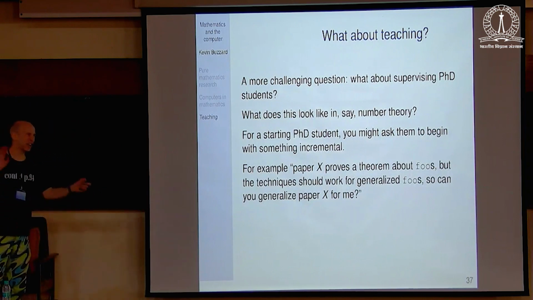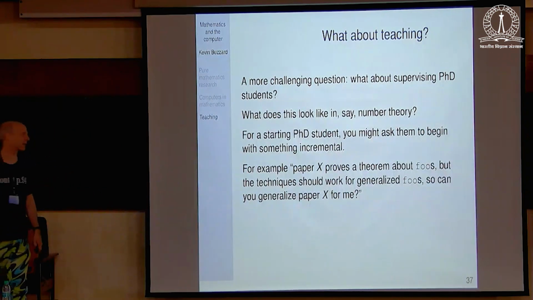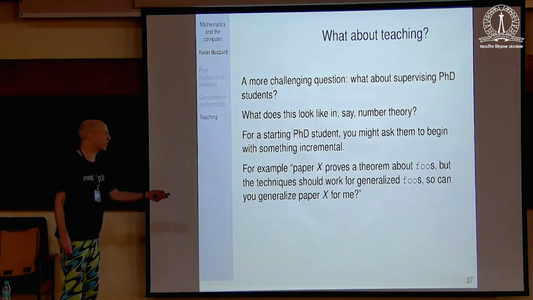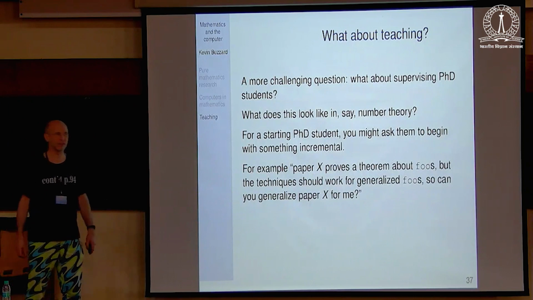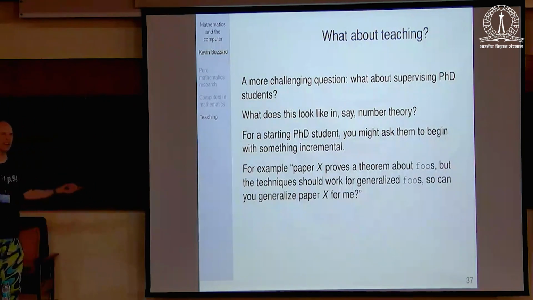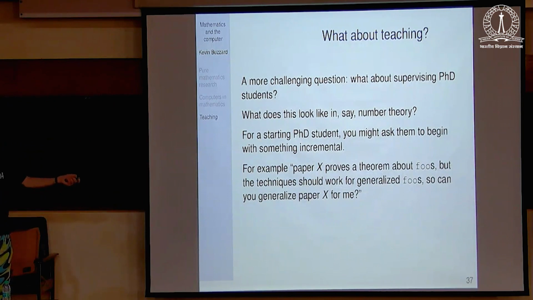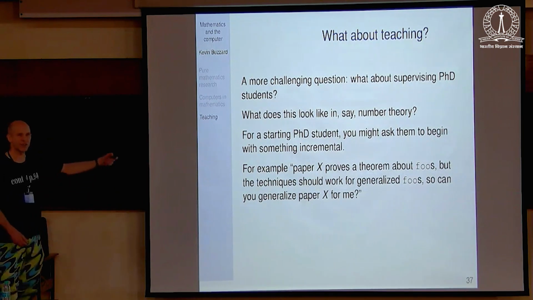But generalized foos behave like foos in many respects. And this theorem about foos should probably generalize to generalized foos. But the result isn't in the literature, because Paper X was proved about foos when foos were state of the art and generalized foos came later.